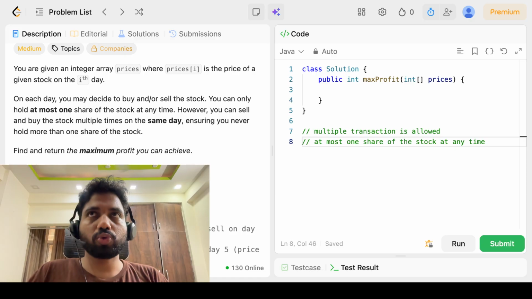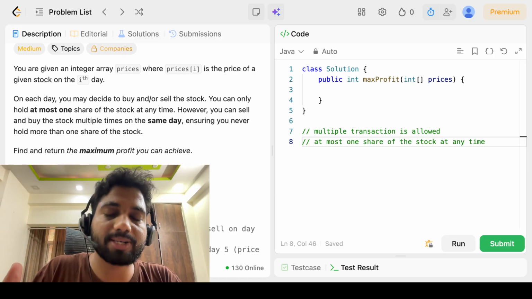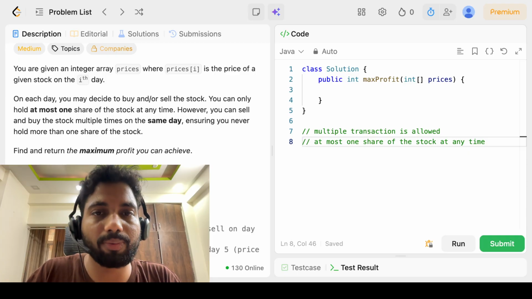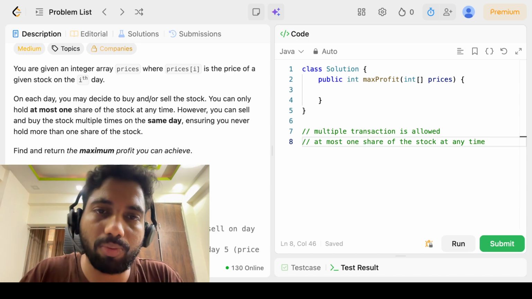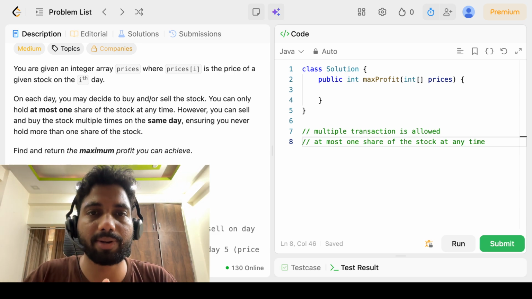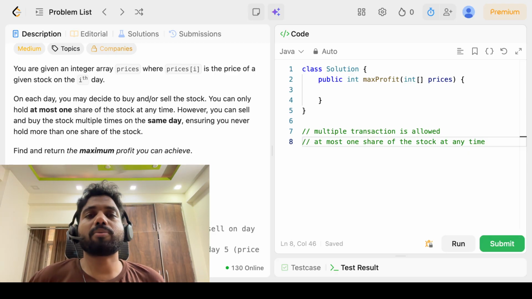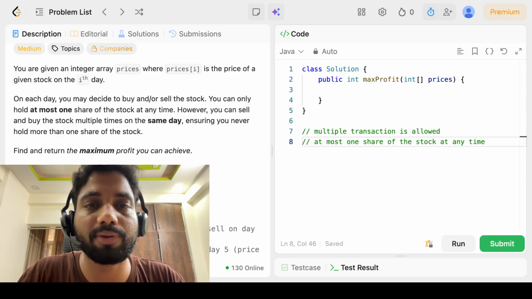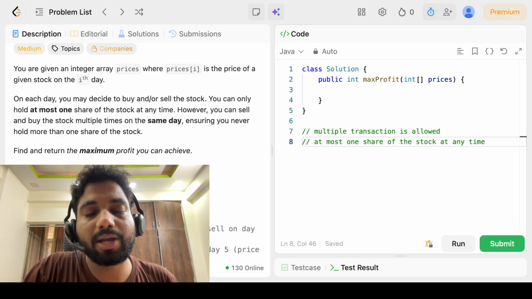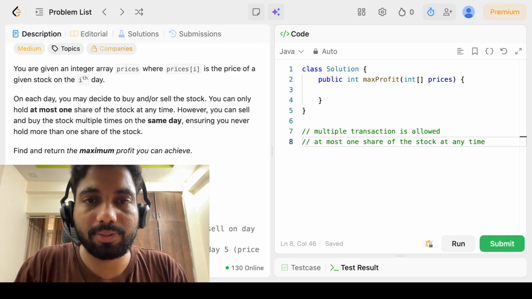That is the one restriction. A similar problem related to this is where we need to pay a transaction fee when we are selling the stock, in case of multiple transactions.